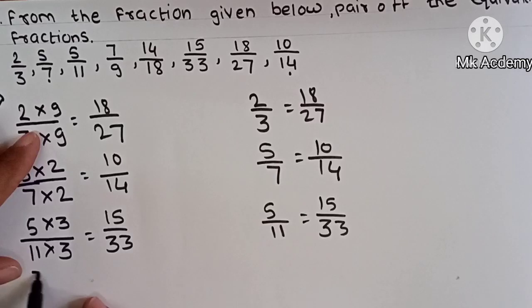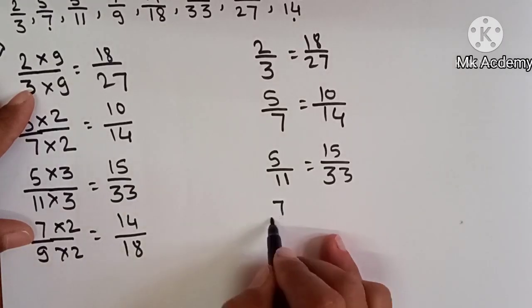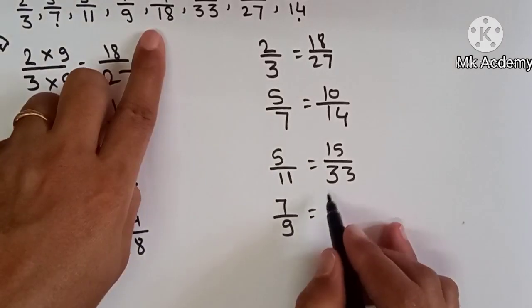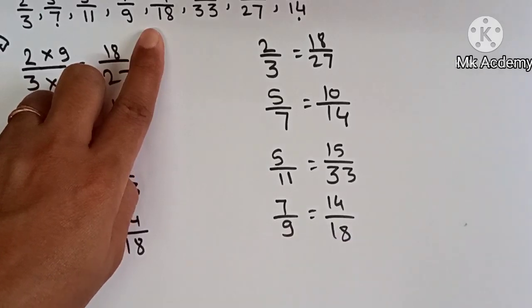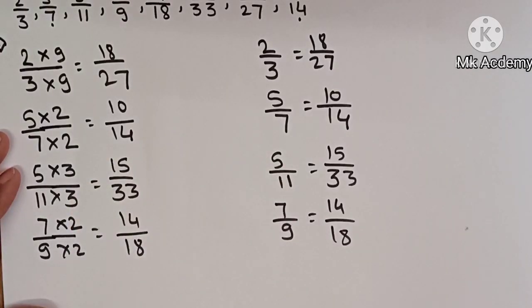Now next, 7 upon 9. If we multiply by 2, we get 7 2s are 14 and 9 2s are 18, which means 7 upon 9 is equal to 14 upon 18. We find this pair of equivalent fractions from the given fractions.